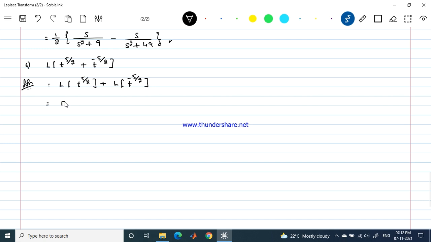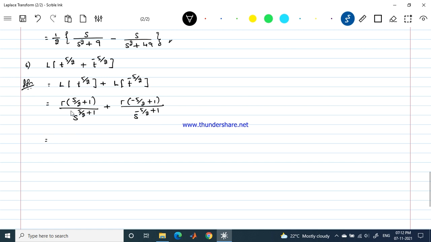So it is gamma of n plus 1 upon s power n plus 1. It's gamma of 5 by 2 plus 1 upon s power 5 by 2 plus 1 plus gamma of minus 5 by 2 plus 1 upon s power minus 5 by 2 plus 1.